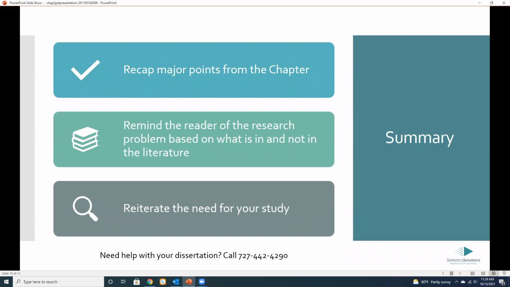Sometimes people will give a summary and it's like, in this chapter, I did this, and this, and they just list the sections of the chapter. That's not a real summary. That's just a list of your sections. So make sure you recap the points, and remind the reader of the necessity of your study.